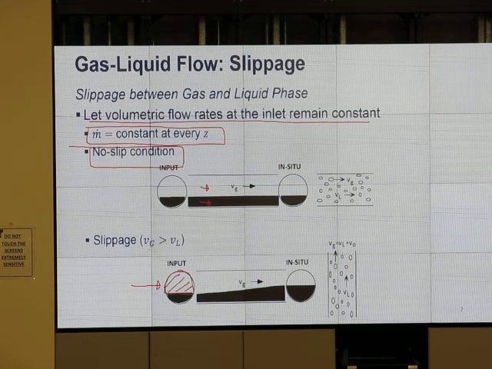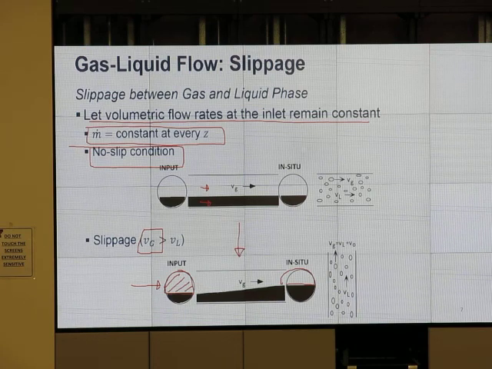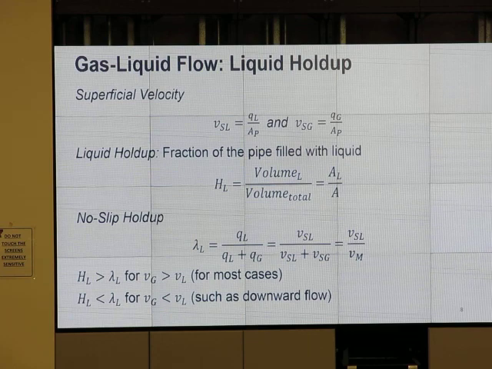So if gas flows fast, it doesn't occupy much space. Okay, gas doesn't occupy much space. That will be the slip, and we can have the change in the liquid height along the pipe. Okay, so that is some kind of concept. Superficial velocity, we talked about it already.